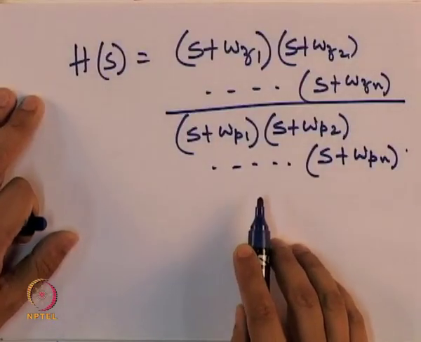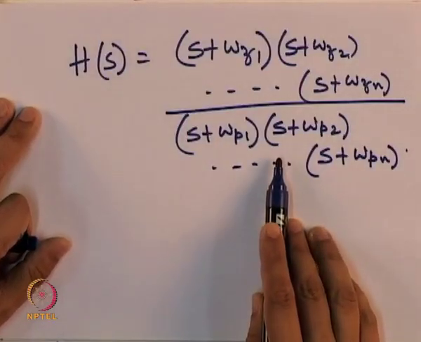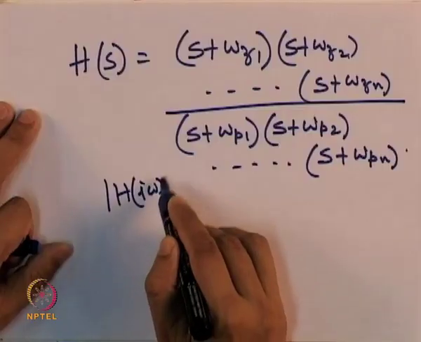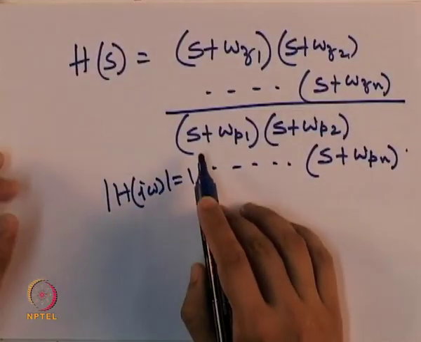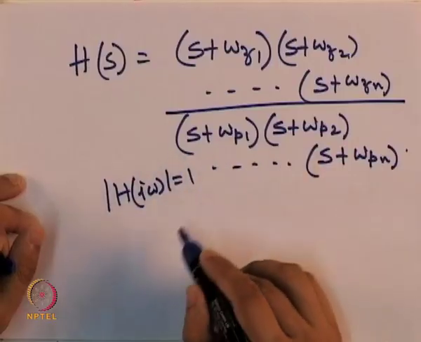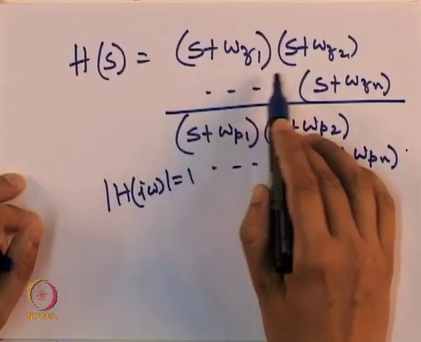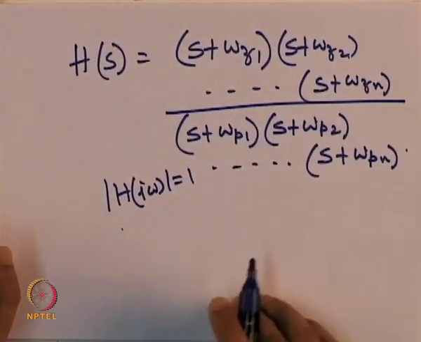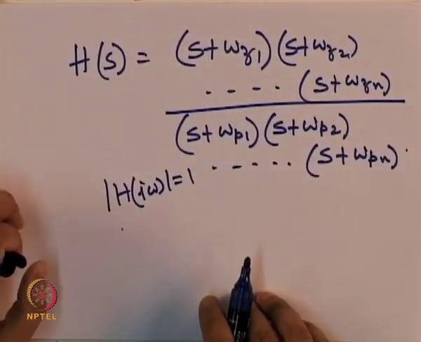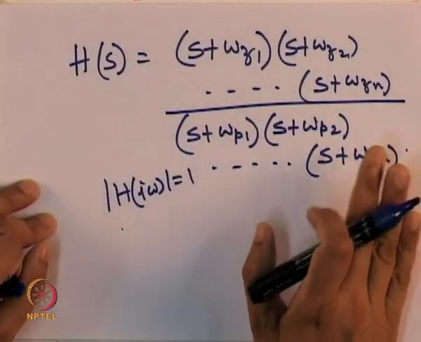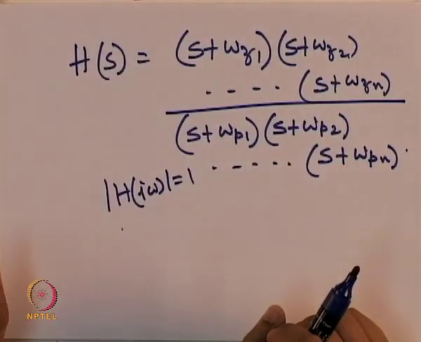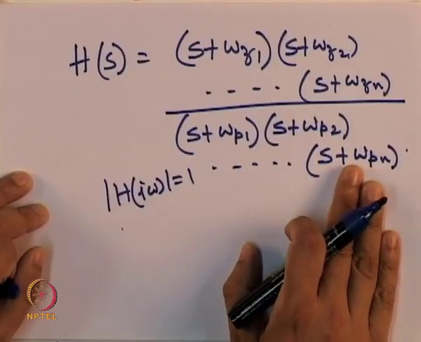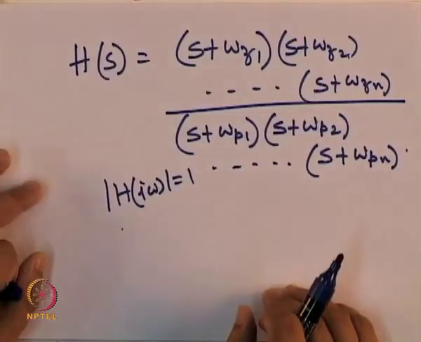Now, as you can see, when s tends to infinity, the magnitude of H will be equal to 1, and when s equal to 0, depending on the values of omega z's and omega p's, we can make the magnitude of H of j omega lesser. So, this kind of transfer function is not suitable for high frequency response, because there does not appear to be any dip of the magnitude of H with increase in frequency.